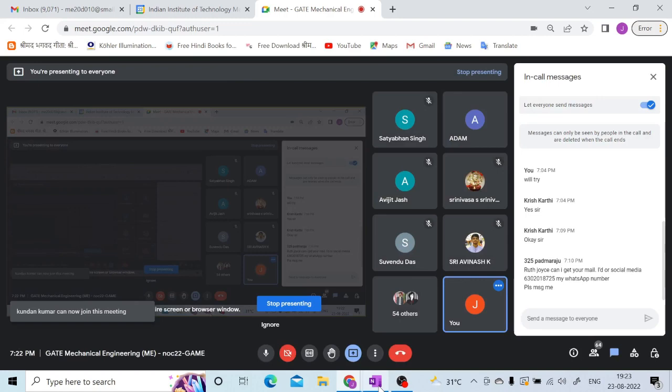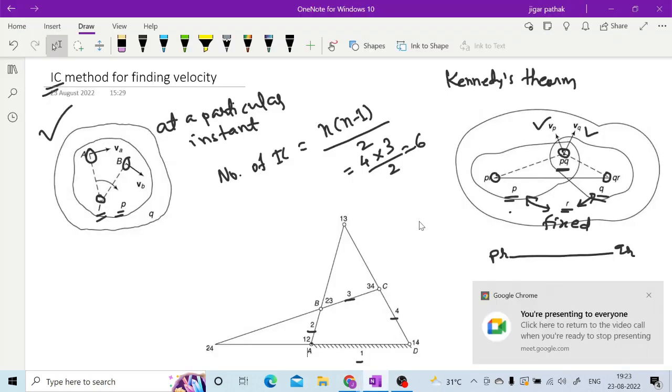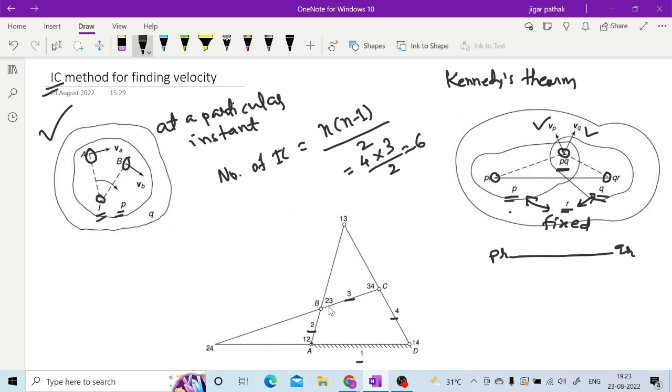Here you have these 4 instantaneous centers straight away: 1 2, 2 3, 3 4 and 1 4.